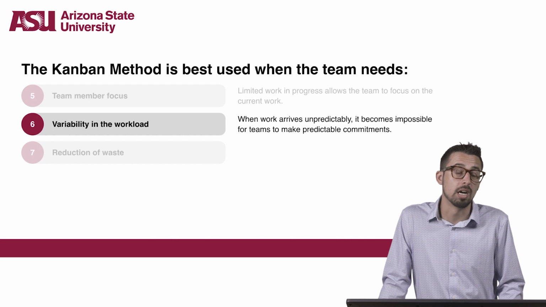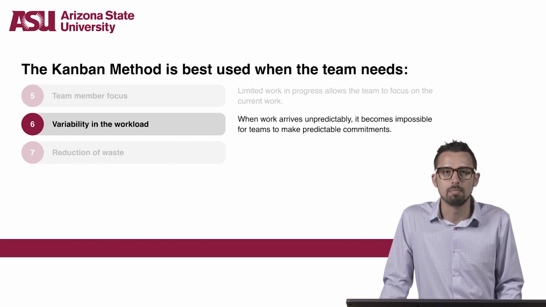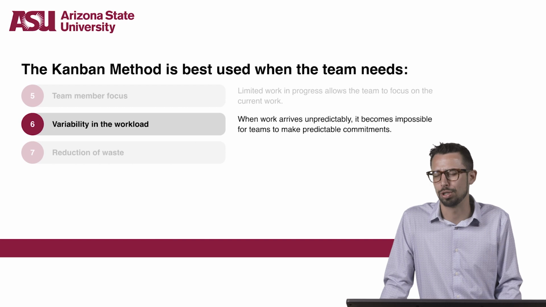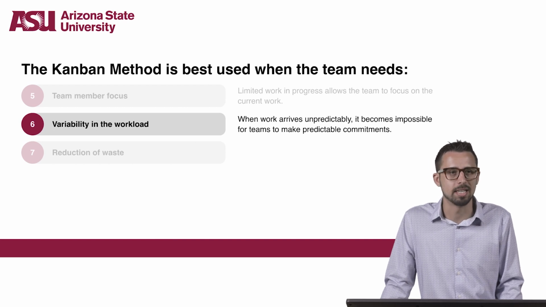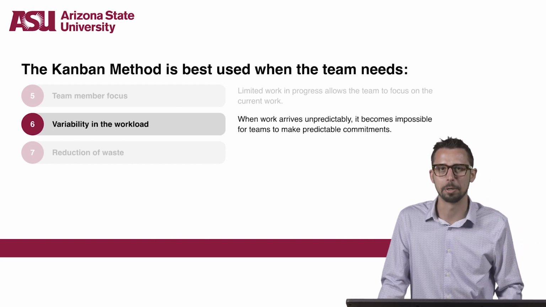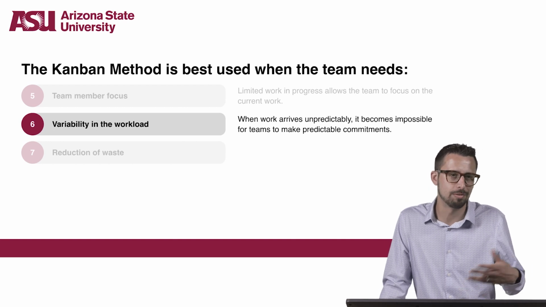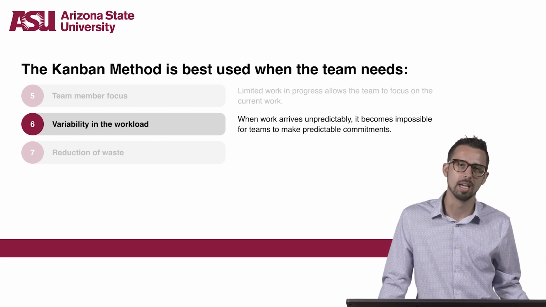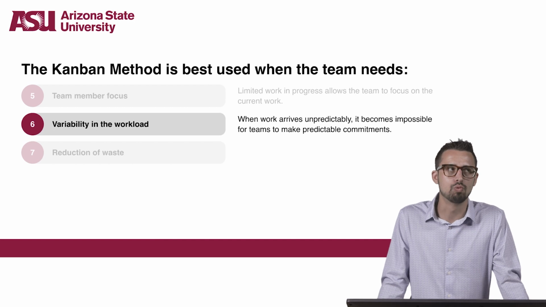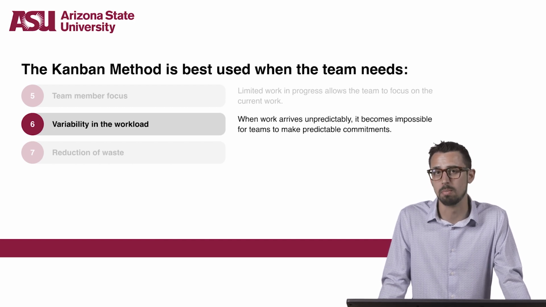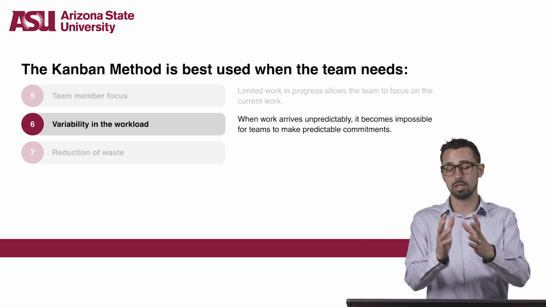When there is unpredictability in the way that work arrives, I'm sure we've all had a stakeholder run by our desk, plop a paper down, and ask, hey, can you do this thing? Great, wonderful, see you on Friday, kind of thing. It becomes really, really difficult for teams to make predictable commitments, even in short periods of time.